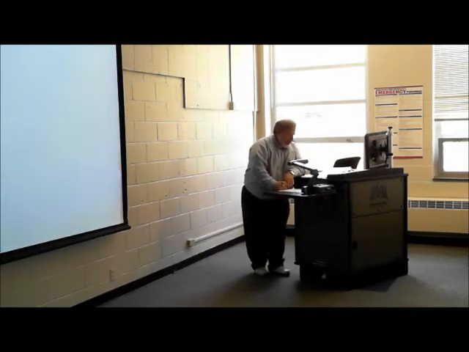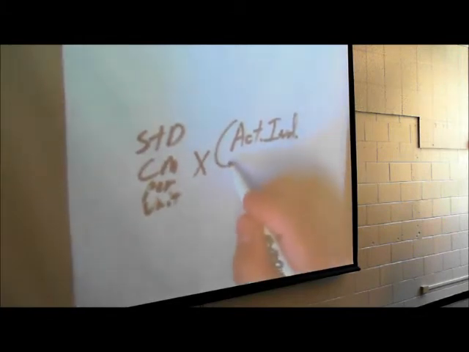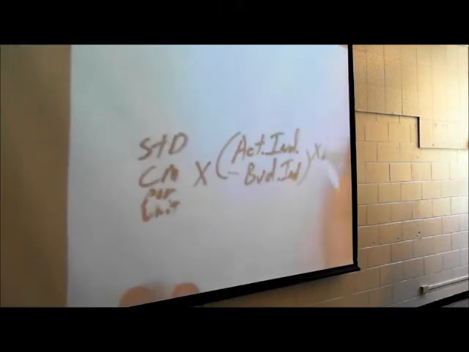Now, industry volume variance is simply your standard contribution margin per unit times the actual industry volume minus the budgeted industry volume times the budgeted market share.